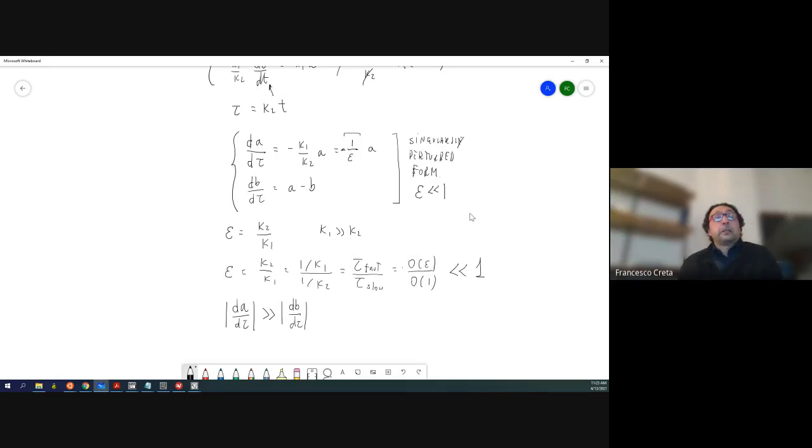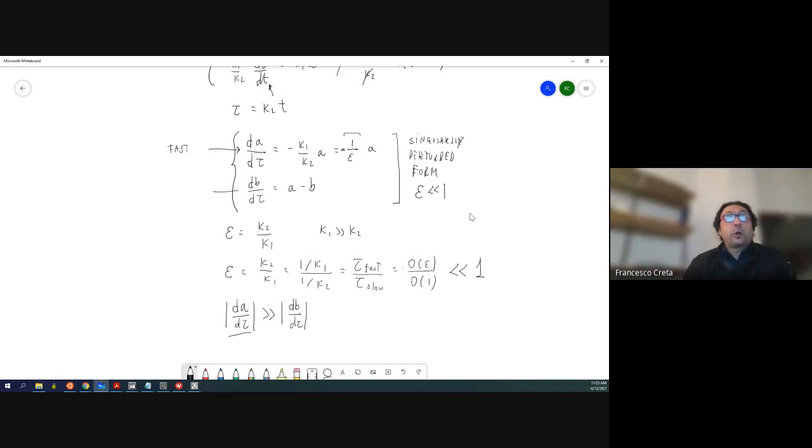Okay? So dB by d tau will be order 1, and dA by d tau will be of order 1 over epsilon, which is large, clearly, because epsilon is much smaller than 1. What does that mean? Well, it means essentially that A now becomes a fast species, clearly, because its rate of change, dA by dt, is very large.